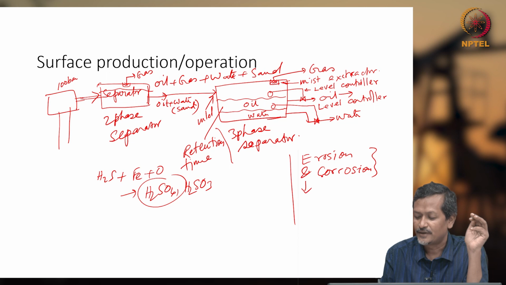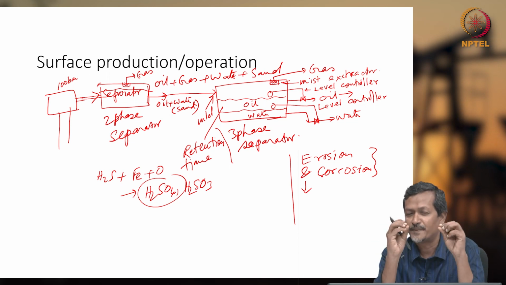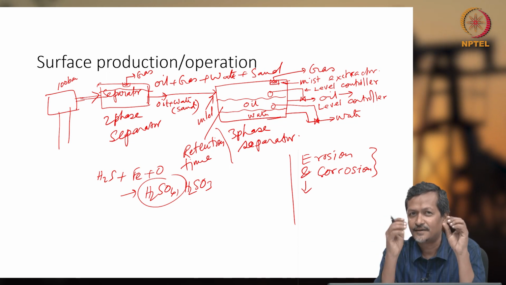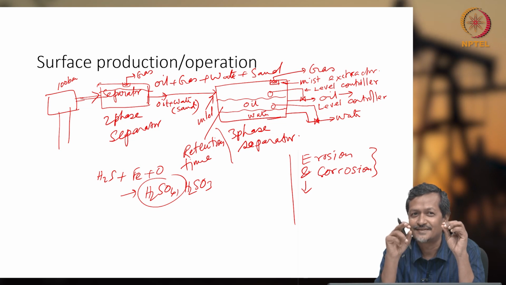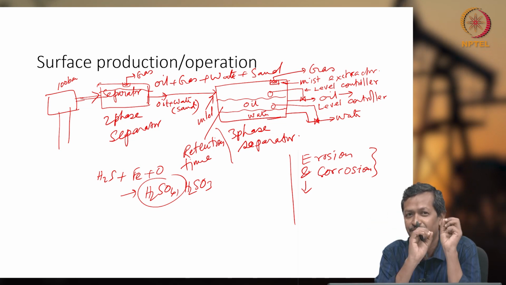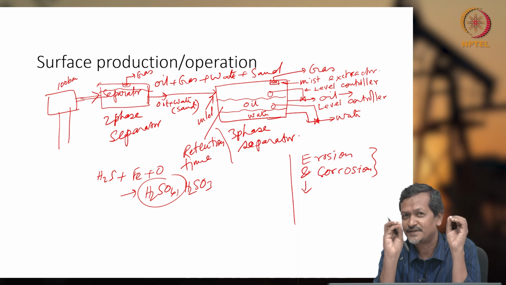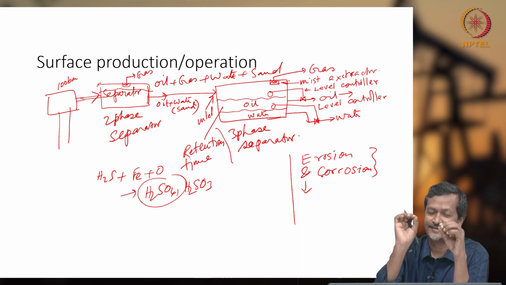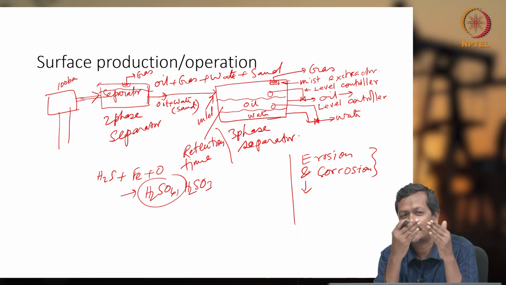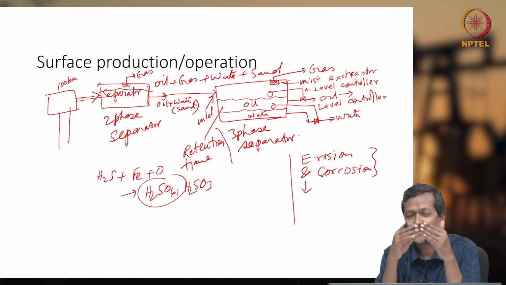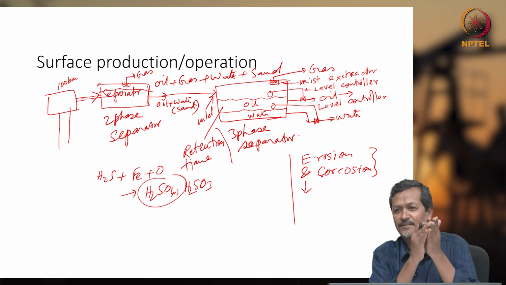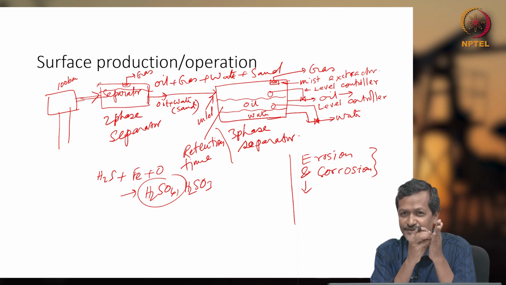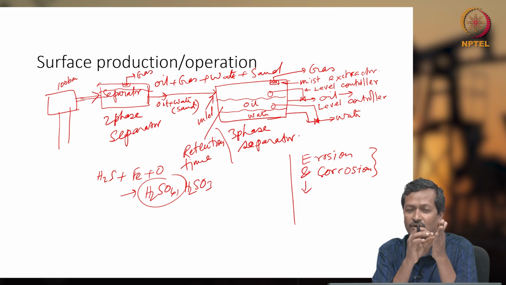How will it happen? Erosion means when the soft material, the salt you created using the H2S and Fe reaction, that reaction product is very soft. Now you have sand, and you hit that softer material with sand. What will happen? The softer material will get removed from that area, and again a fresh metal surface will come up, and it will react with H2S, sulfur or hydrogen sulfide.